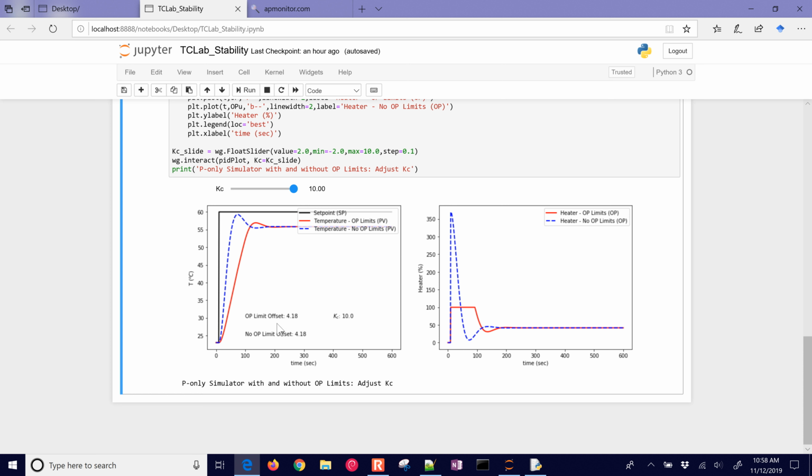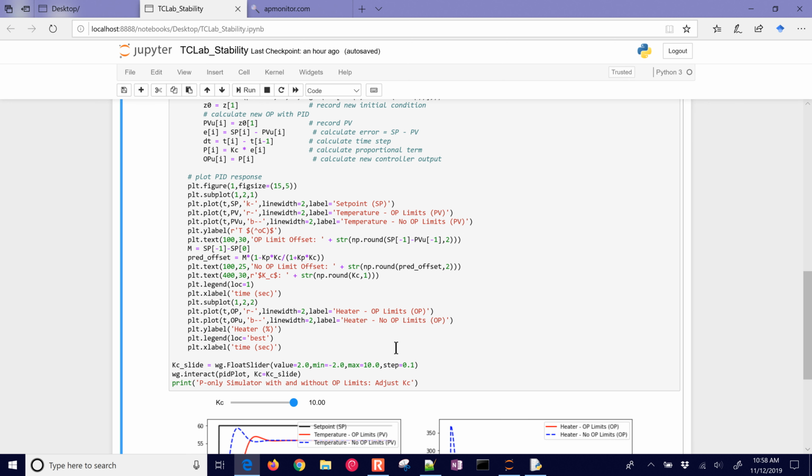And then we have the output limit with the offset, and then we have the predicted with the no output limit offset. I just used that value that we had come up with. That was our M times 1 minus KP times KC divided by 1 plus KP KC.